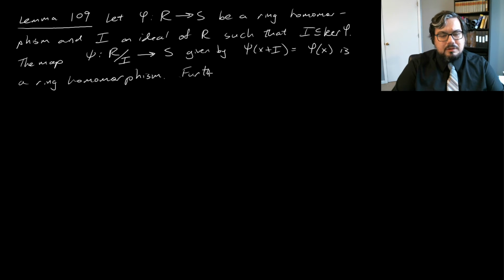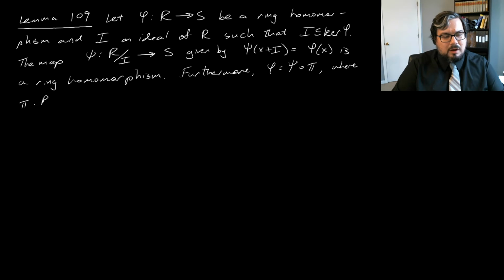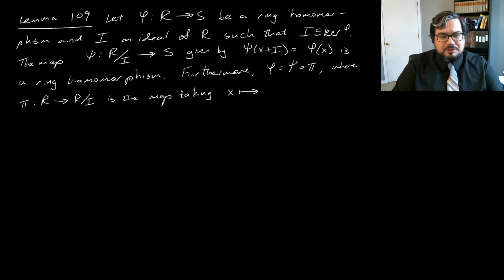Furthermore, we have that phi is equal to the composition of psi with pi, where pi from R to R mod I is the natural projection map. So this is the map taking any element x of R to x plus I.